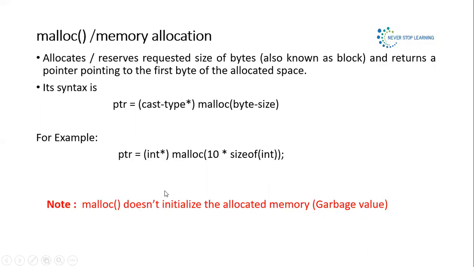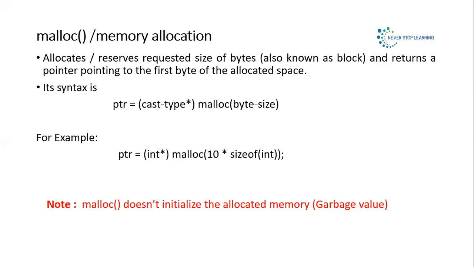So this is the cast type of this ptr. As we know, if I'm adding two integers, I need another integer variable to hold the value. So here, when we are dealing with integers, a 40-byte block of integer type is allocated. We need an integer type pointer to point to that particular place. That's why the casting type here is integer. Another important point to remember for malloc is that malloc initializes each block with garbage value.